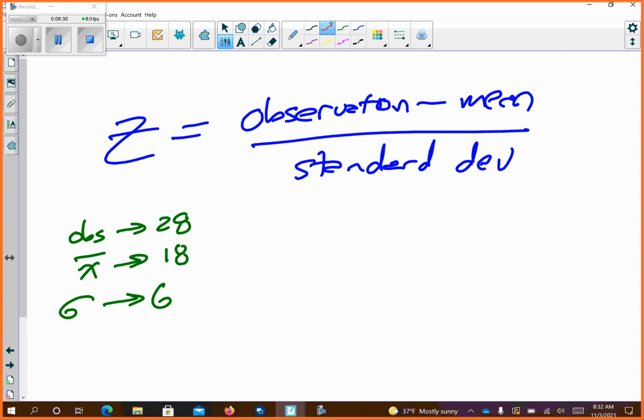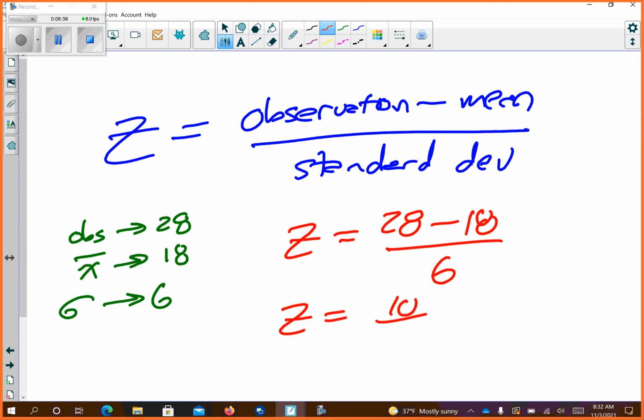So then we can find the z-score for this particular person. So observation 28 minus the 18 divided by 6. Z equals 10 over 6. 10 over 6 reduces to 5 over 3, which is about 1.67.